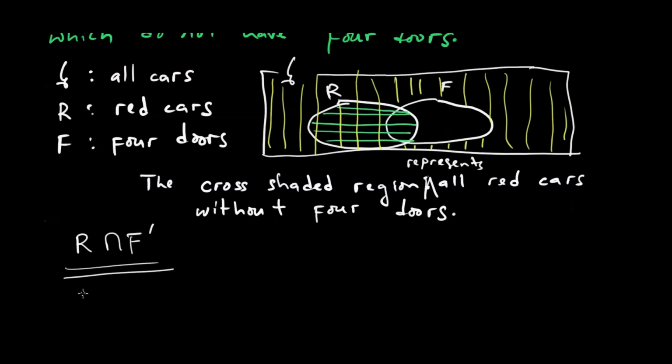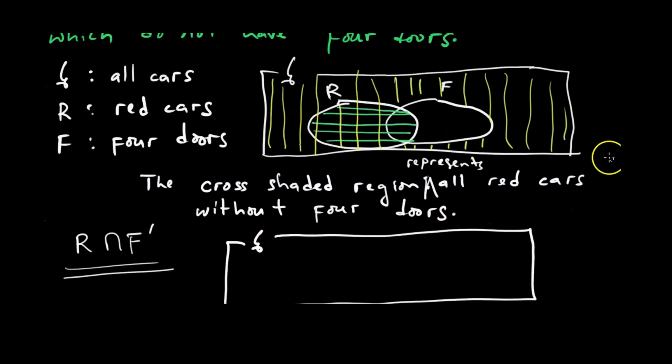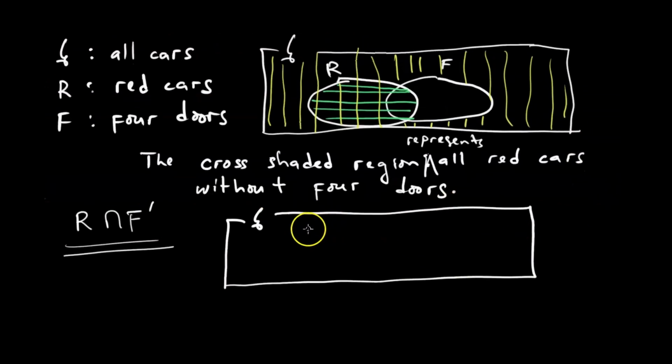So before I explain further what was happening here, let me introduce you to my second method. I will redraw here so that it is clearer. So we have R, we have F. Let us shade the region of red cars but without 4 doors.